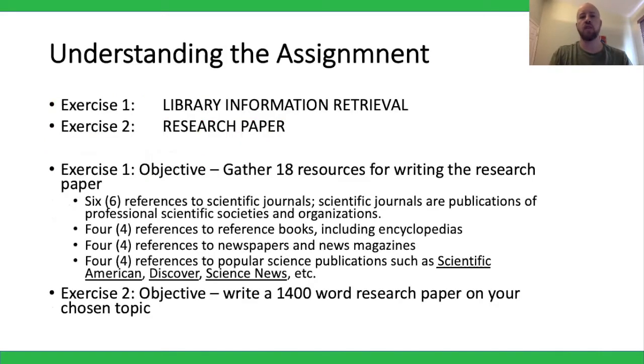But first, we have to understand what our assignment is. For this assignment, we want to focus on finding 18 different kinds of resources: 6 of them being scientific journals, 4 books, reference newspapers and magazines, and various popular science publications.